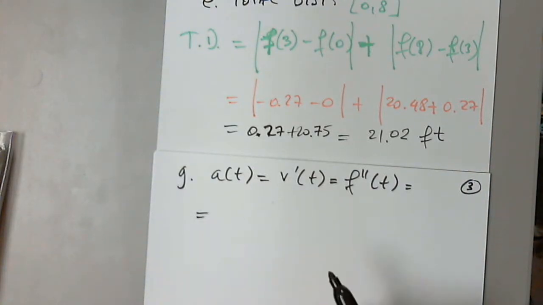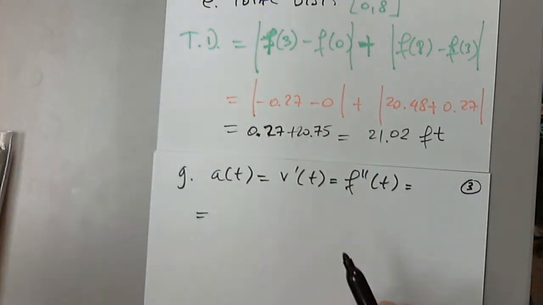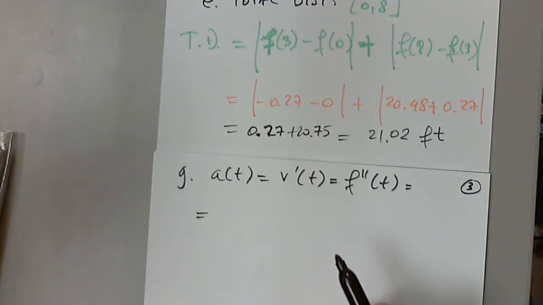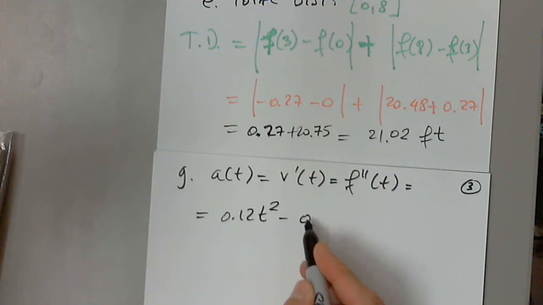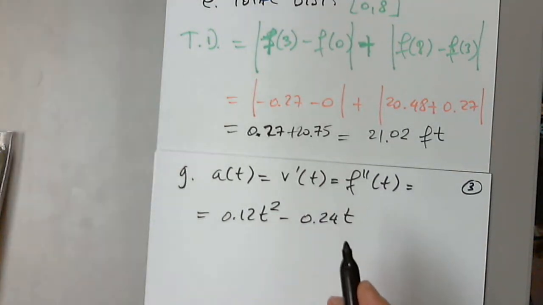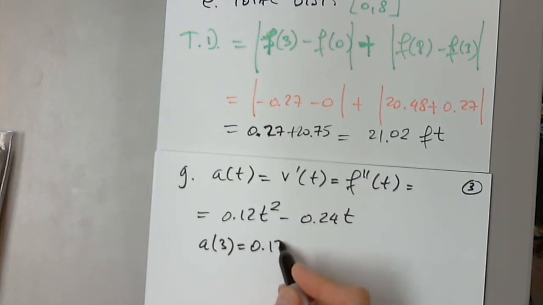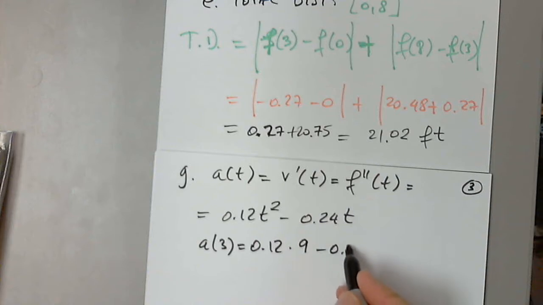Okay, so that will be, where's my raw velocity? Here it is. 0.12 t squared minus 0.24 t. Now they're asking us to find the acceleration at 3, which is 0.12 times 9 minus 0.24 times 3.